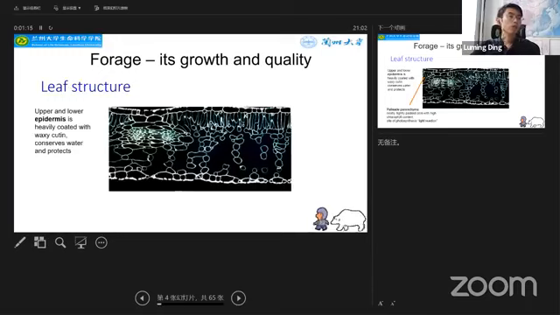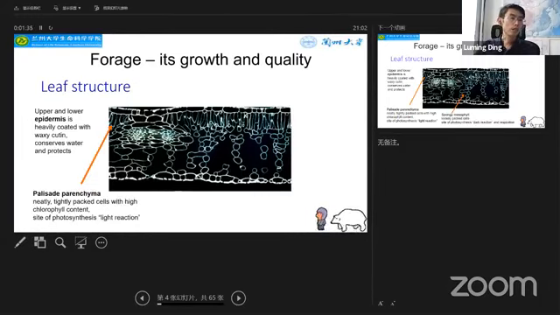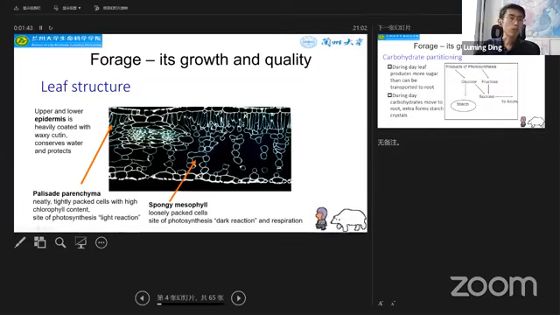And the leaf, we move to leaf. The leaf structure, from the picture we can see the upper and the lower epidermis is heavily coated with waxy cutin. The cutin can conserve water and protect the leaf. There are two kinds of cells. First is palisade parenchyma, and the second is spongy mesophyll.